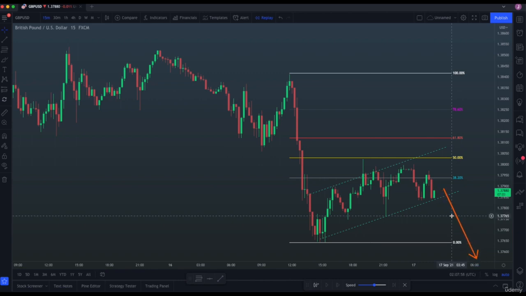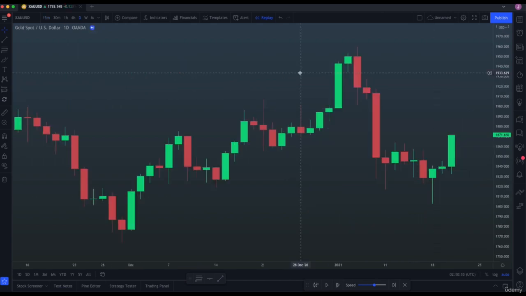All right. So again, 38.2% did not hold, 50% held, right? And then price started to move down.